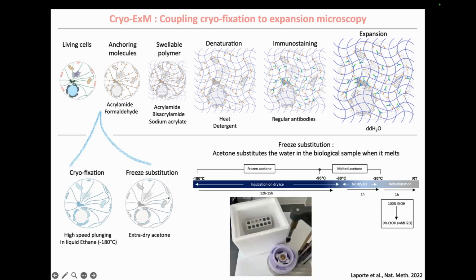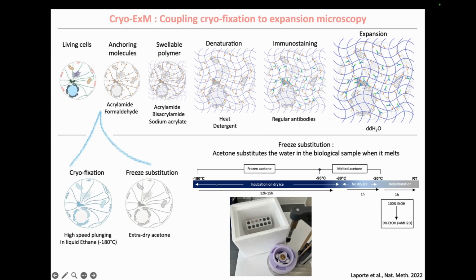Then the step that we don't want, of course, is to stay in cryogenic condition. So we need to go for a step called freeze substitution. For that, we just dip the sample into extra dry acetone that will replace the water molecules inside the sample as soon as it thaws.